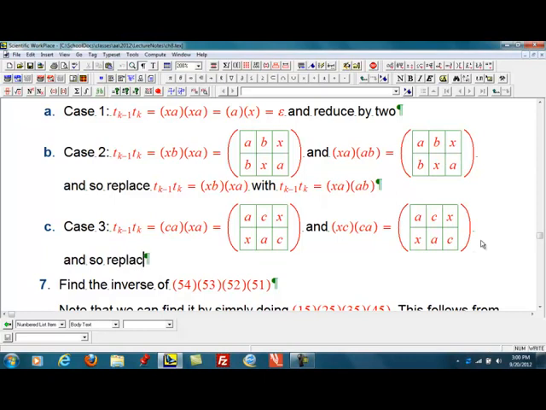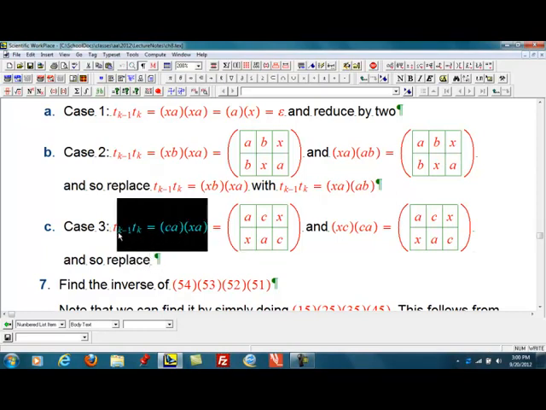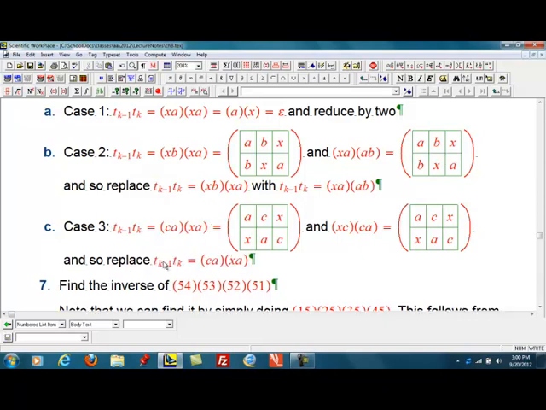And so then we can replace our original here with something that moves it one place to the left. And this would be XC and CA.